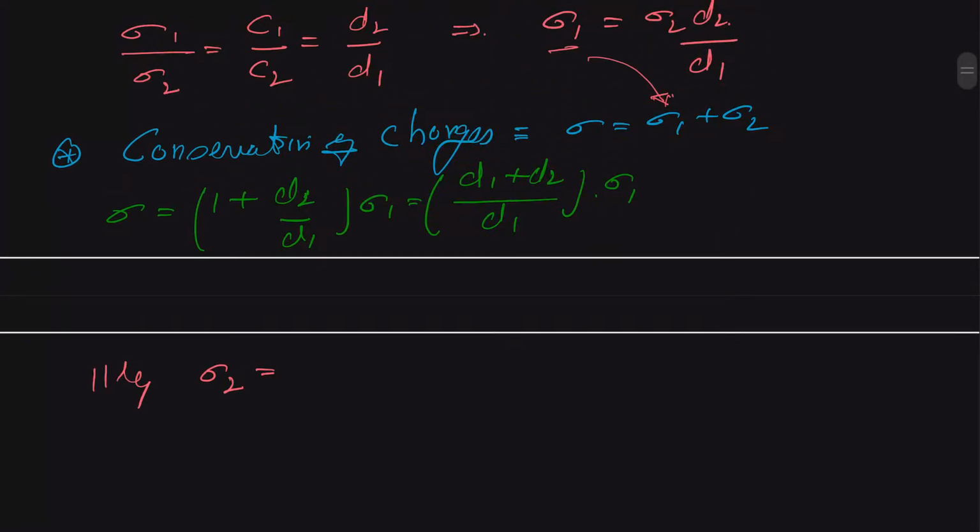We can just do the reverse of it. And from here, we can say that sigma 1 will be equal to our sigma multiplied by d1 and d1 plus d2, which we are supposed to find out.